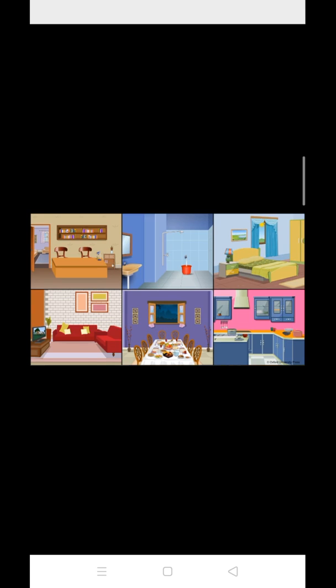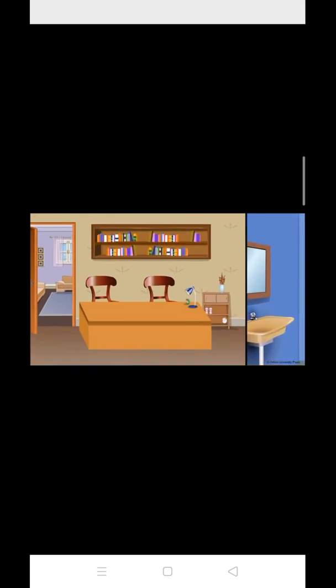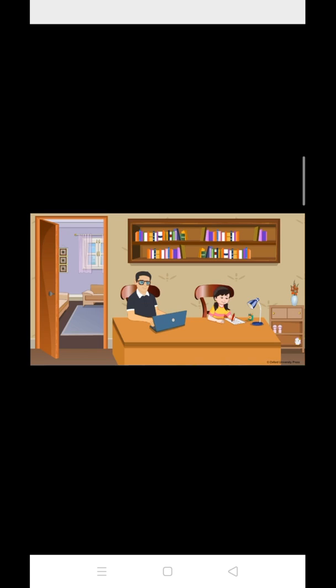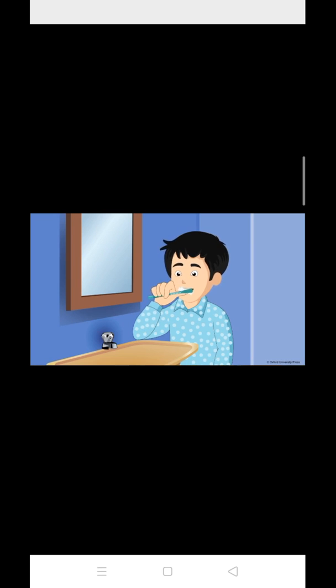A house has many rooms. Each of them has its own use. Take a look. This is a study room. We study or work here. This is the bathroom where we bathe or brush our teeth. This is a bedroom.